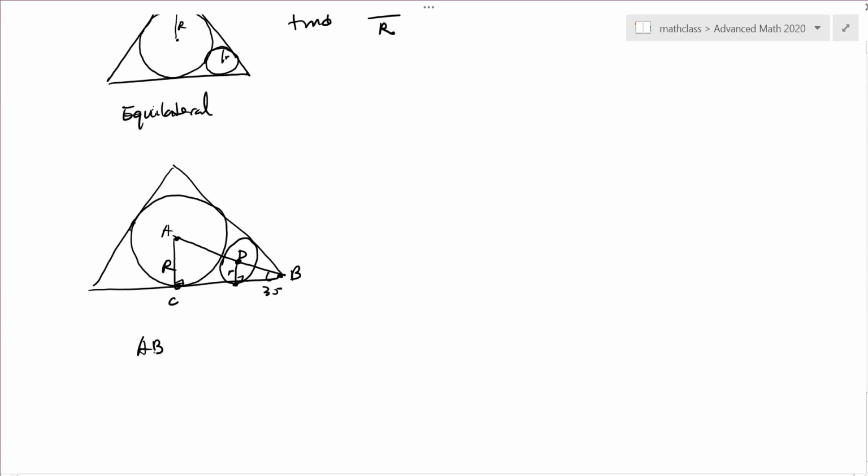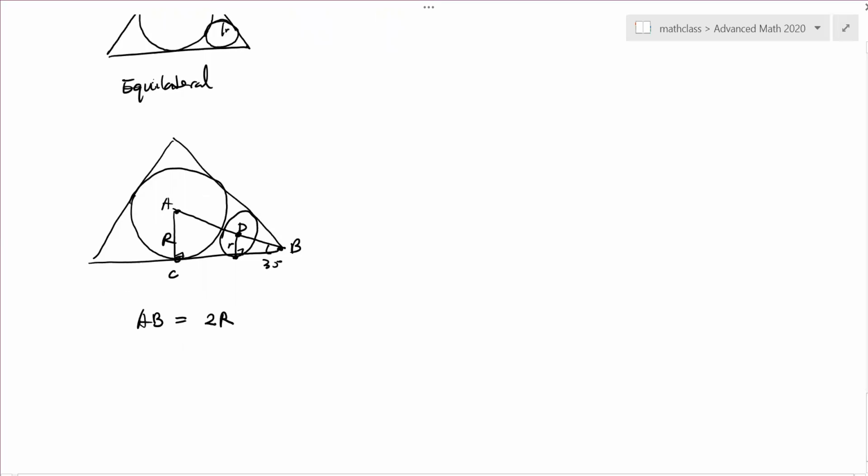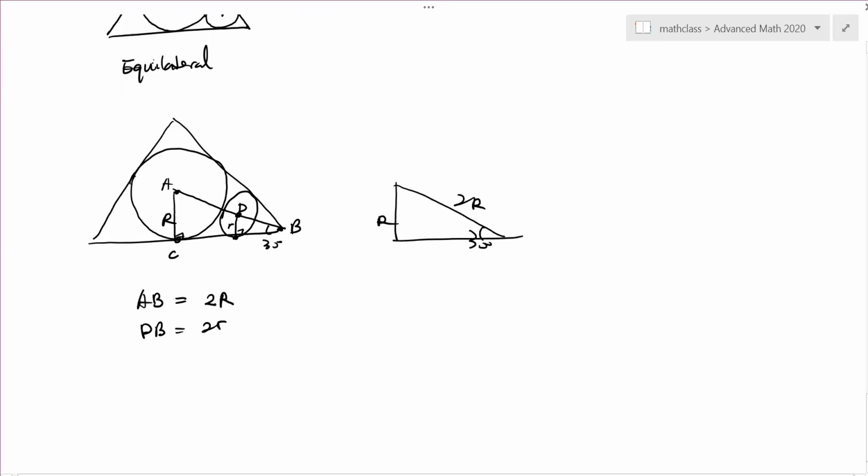So AB is supposed to be 2R. Do you agree? AB is equal to 2R because it's a 30 degree triangle. If this is R, that must be 2R. Similarly, for the smaller one, DB is also 2r.